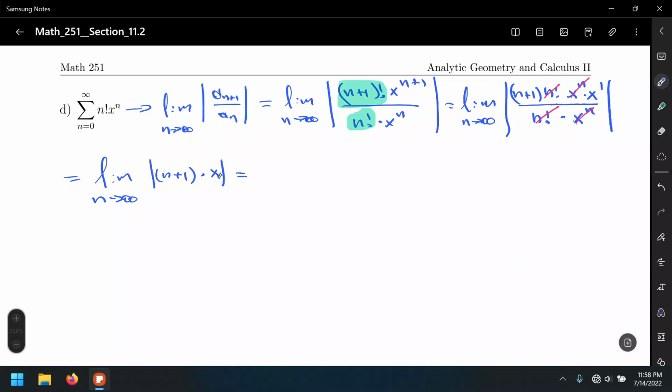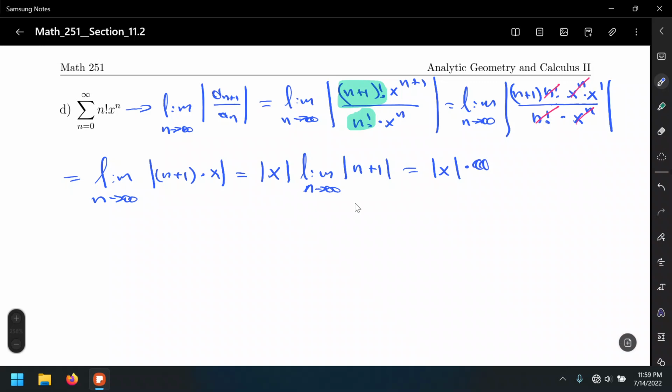So this x will go outside in front of the limit, rather absolute value of x, limit of n plus 1. But in this case, n plus 1 is infinity. So what is this? This means absolute value of x, limit of n plus 1 as n approaches infinity is infinity.